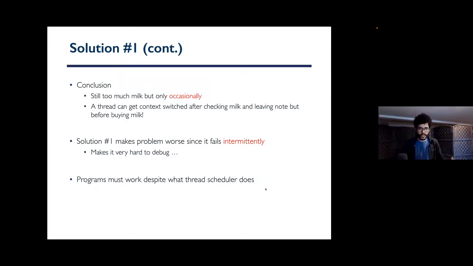Then you kill yourself to reproduce that fault, and it just doesn't happen. And then after a while, it comes back. It's a nightmare to debug such code when you have intermittent faults. And I think they have a name. If I'm not mistaken, I think it's called the Heisenbug.